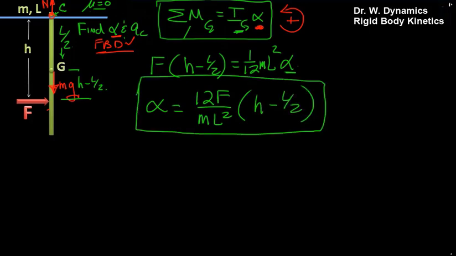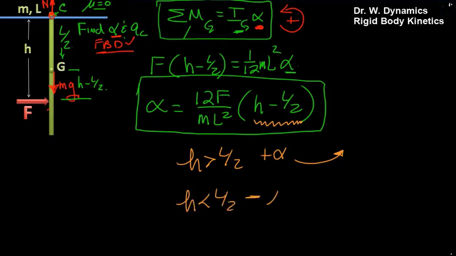And this solution is interesting in that the location of the force matters. For h greater than L on 2, we're going to get a positive alpha, which means it's going to swing like that. But for h less than L on 2, we'll get a negative alpha, which means it's going to rotate in this direction instead.